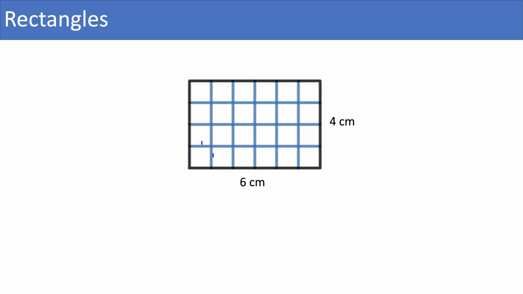This is one, this is another one, another one. You're dividing this whole base into 1 centimeter pieces, and then dividing this height into 1 centimeter units. Doing this creates squares.